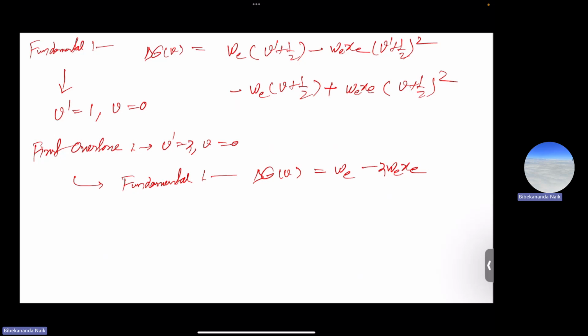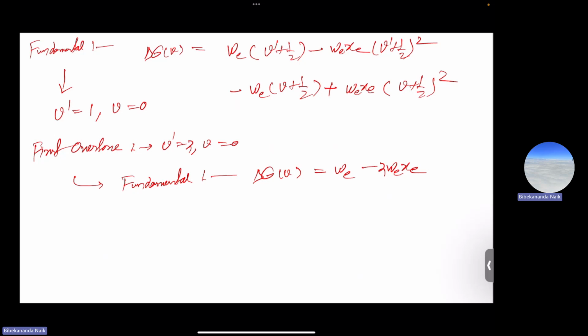So 3 by 2 minus half is only omega e, and then here it's minus omega e xe. 1 plus half is 3 by 2, square of which is 9 by 4, and plus this will be 1 by 4.